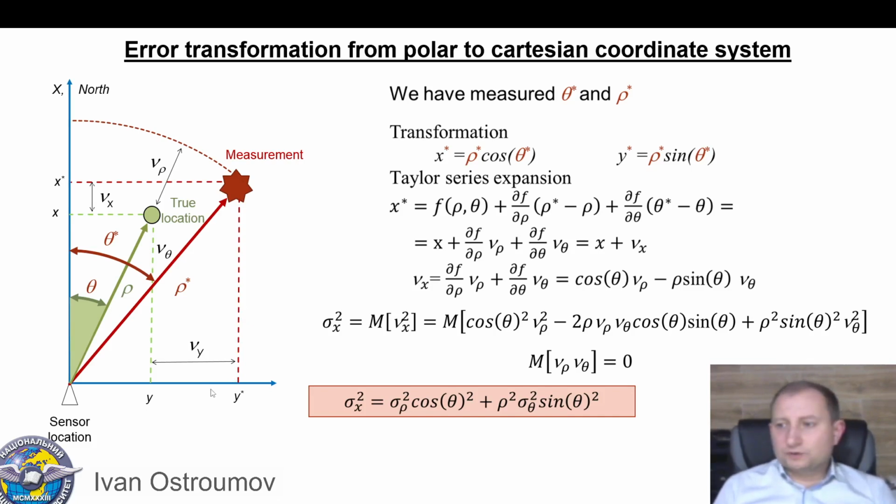And error of measuring, it will be eta x. This one, it will be error of measurements by x coordinate, and eta y, which will be error of measuring in y direction.